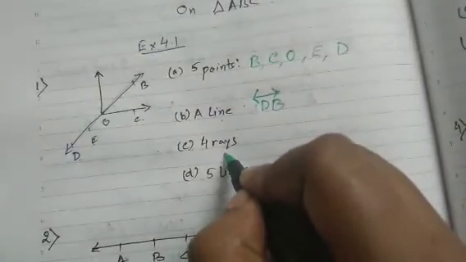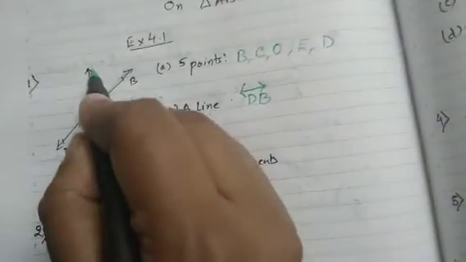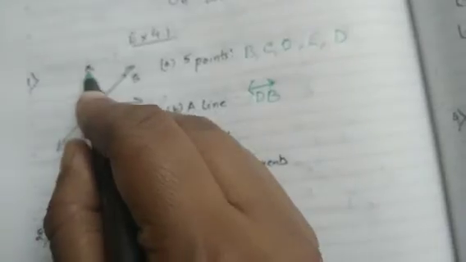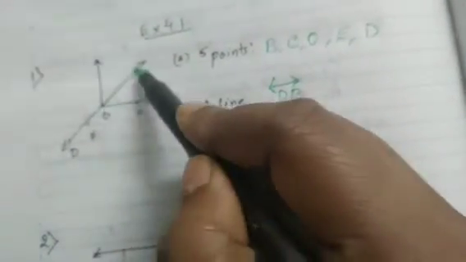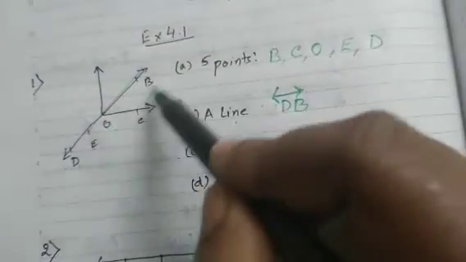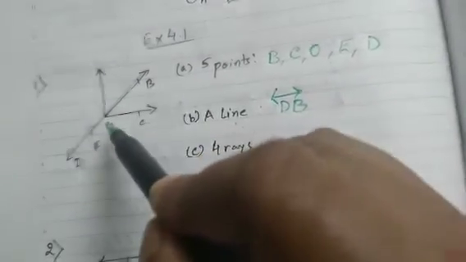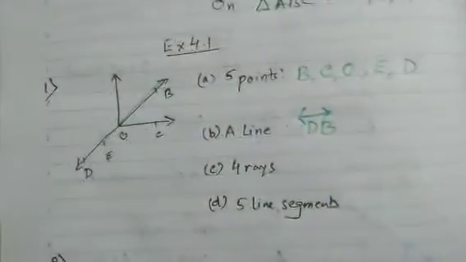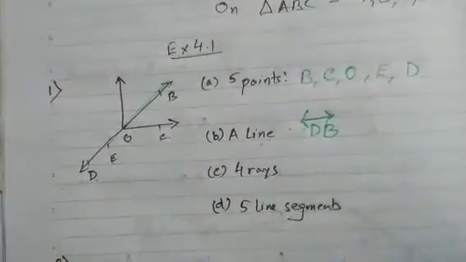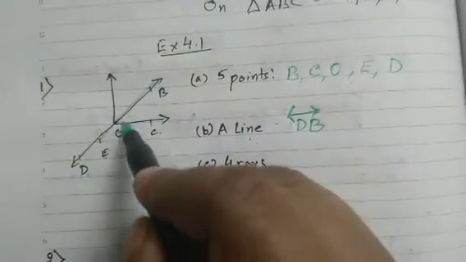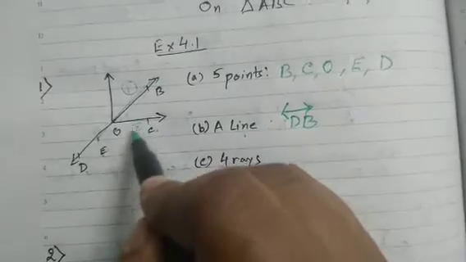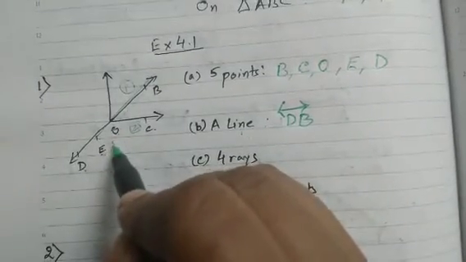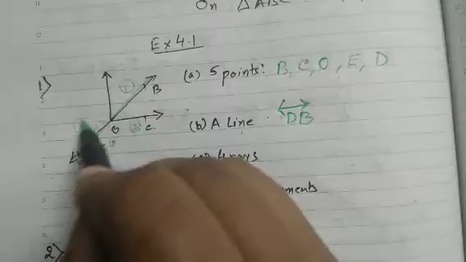Next, 4 rays. This is a ray. This ray obviously has no name, so I will not write it. So I will write the rays: OB is one ray, OC is the second ray, OE is the third ray, and OD is the fourth ray.